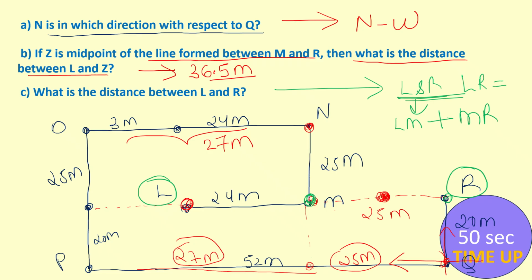So LM distance is 24 plus MR distance is 25. So total will be 49 meter. So the answer to the third question will be 49 meter. Hope you all got this correct.